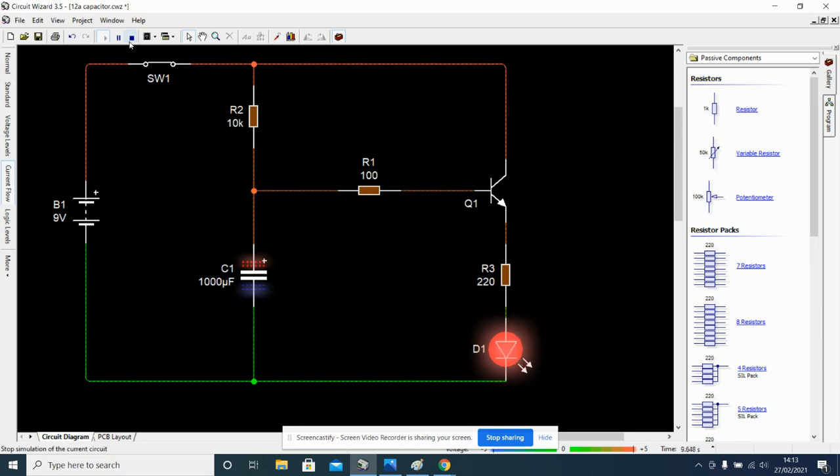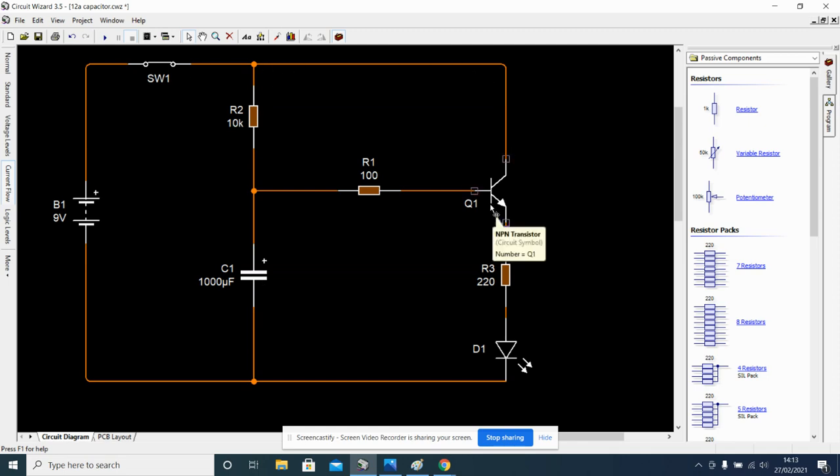Okay, so let's see what's happening in the circuit. When the circuit comes on, our voltage travels along here. The transistor is not on, so it has nowhere to go. So our voltage flows down this way, and our capacitor is like a bucket. It is waiting there, ready for charging. So the voltage will go into this electric field in between the two plates, and it builds up like a bucket of water.